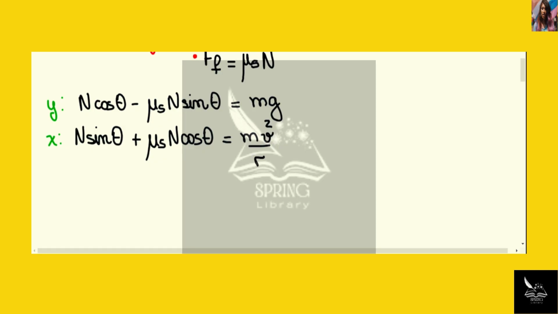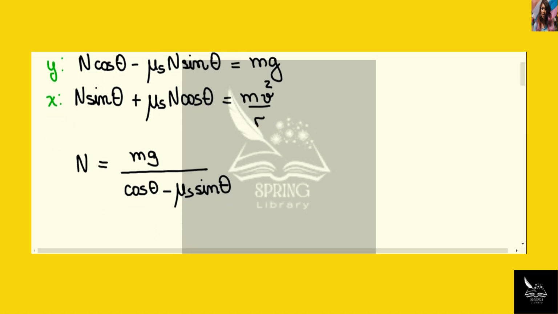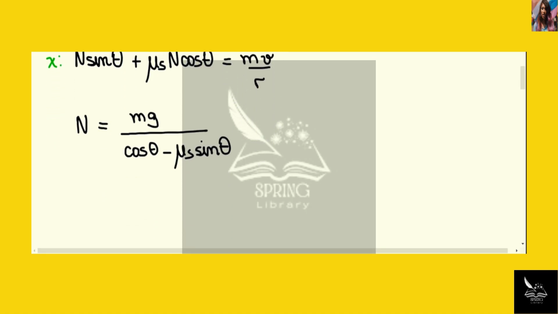I'm going to take the y equation, the equation for the y-coordinate, and isolate n. So we have that n is equal to mg divided by cosine of theta minus mu s sine of theta. And now I'm going to take this and substitute it into the equation for the x-coordinate.